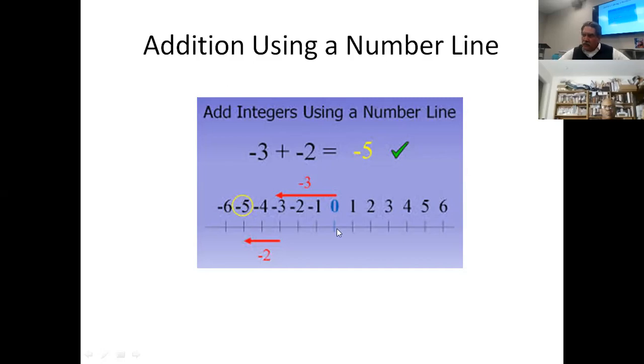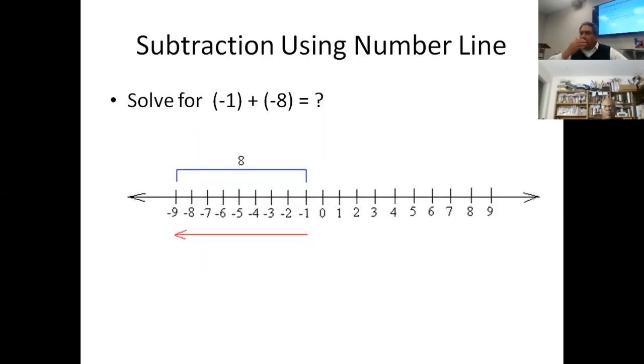Let me see, do I have an example? Okay, here, good. If I have -1 plus -8, here you're at -1. You want to add -8 to it. Again, they are the same sign. So you add the absolute values, you get 9, and you put the sign.